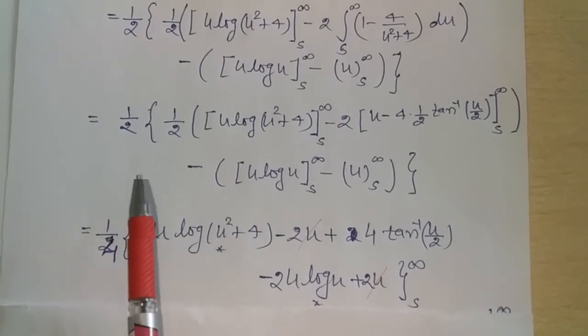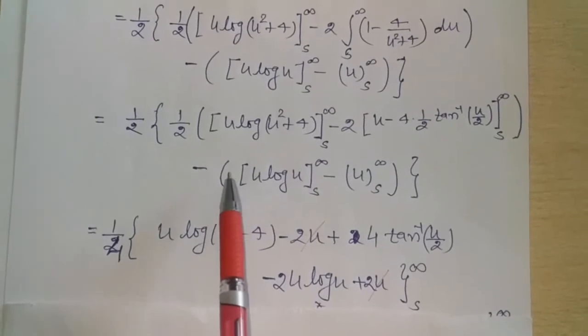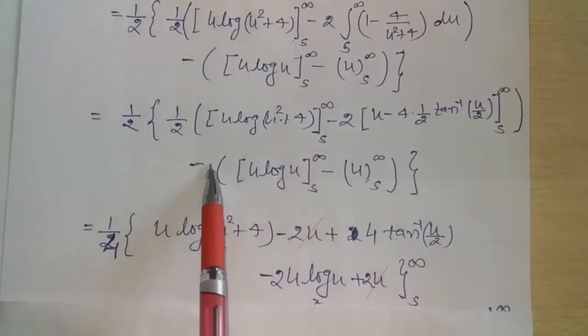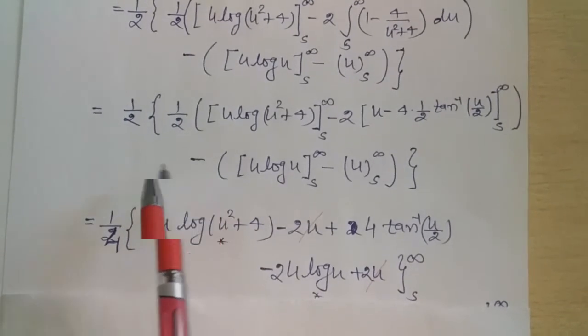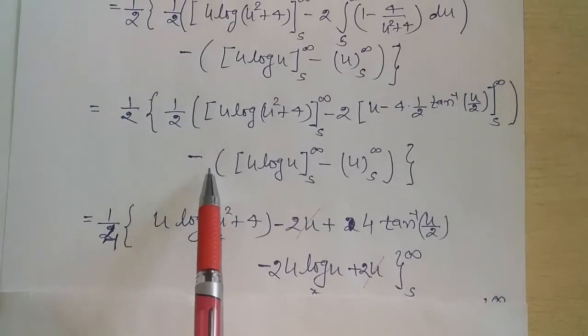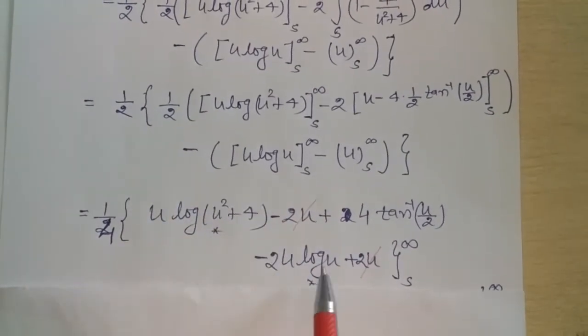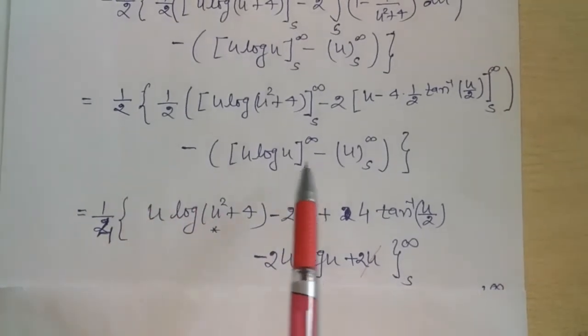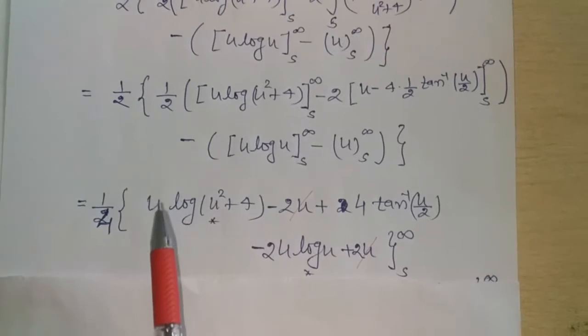Because 1/2 is only multiplied by this term, we multiply and divide by 2, and 1/2 is common, so the rest is multiplied by 2. We multiply this expression by 2, we have minus 2u log u, then negative negative positive 2u, and the common limit s to infinity.